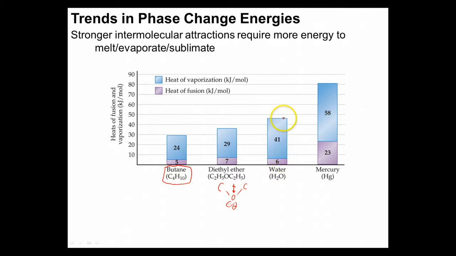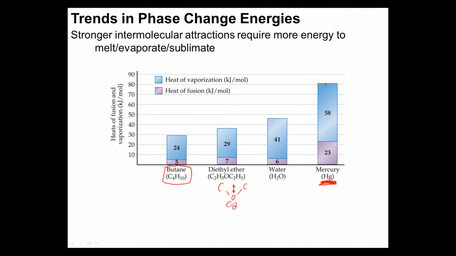Look at that heat of vaporization go up. And here we've gone for the epitome, the pinnacle of intermolecular attractions, which is actually metallic bonding in this case. In fact, it's a bonding force, not intermolecular at all. When you go up into the bonding force regime, take a look at how both of those went up really dramatically. Strong intermolecular attractions will require more energy to help them get away from their neighbors, and so all of those processes will increase.